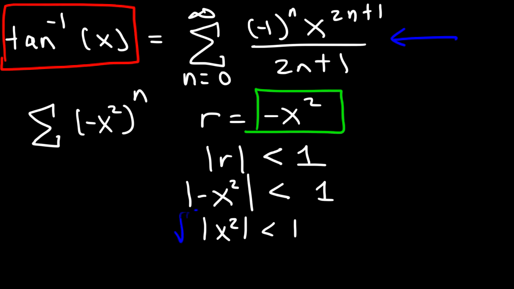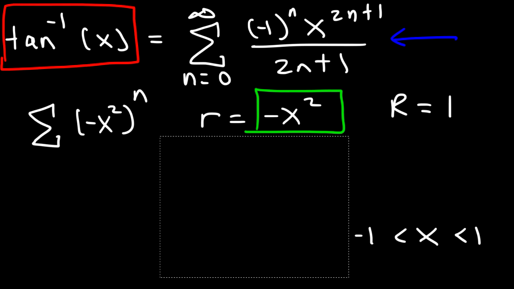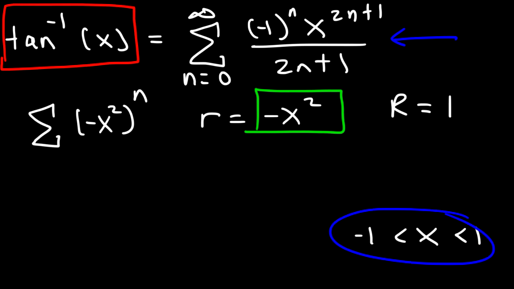And now if we take the square root of both sides, we could say that the absolute value of x is less than 1. So therefore, the radius of convergence is 1. And then we can rewrite this expression as x is less than 1, but greater than negative 1. This is the interval of convergence for the original geometric power series.